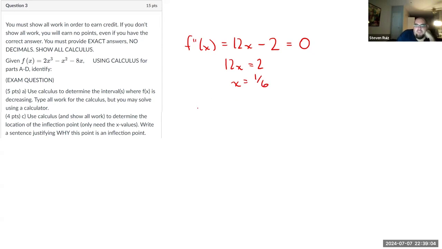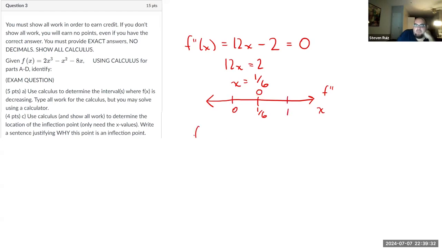So how do we find that out for sure? A very abbreviated sign chart. This is a sign chart for f double prime. I know that at 1 over 6, my concavity is neither concave up nor concave down. So now I want to choose values on either side of 1/6 to test. 0 and 1 are both available to me, so I'm going to use those.